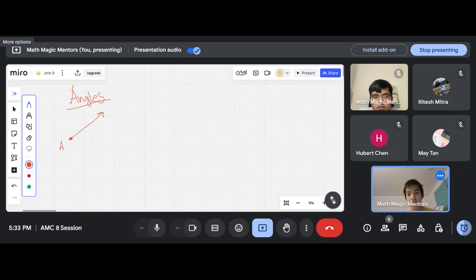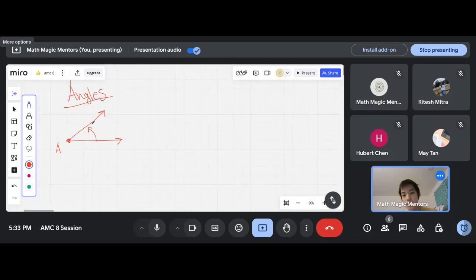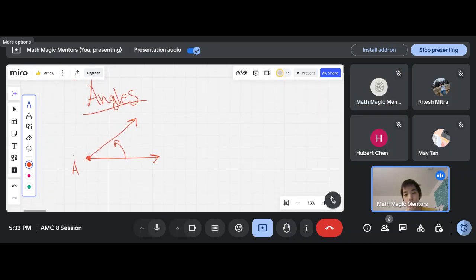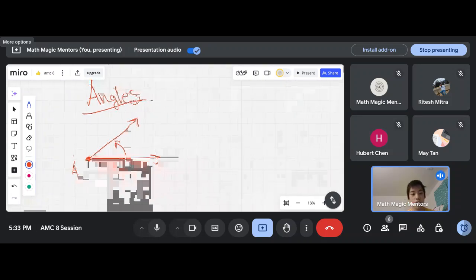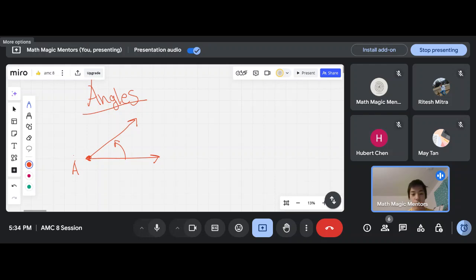If you have a ray going from A in one direction and another ray going in another direction, an angle is a really good way of thinking about how far apart two lines are from each other.